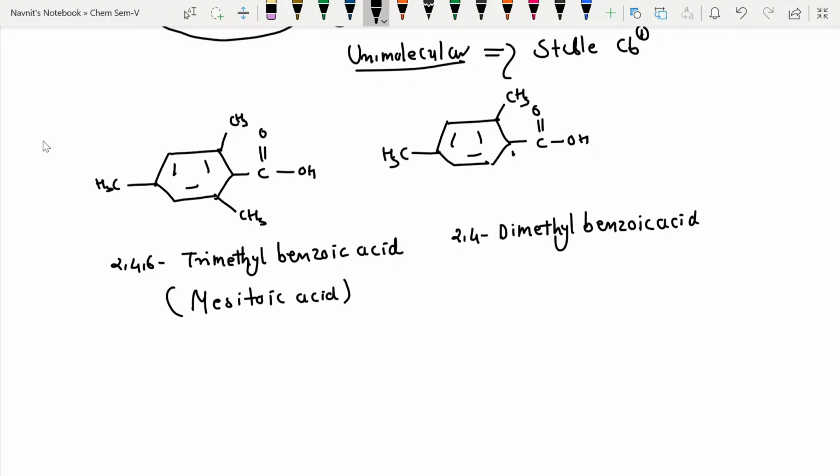Because both these acids are sterically hindered and are able to form a stable carbocation. Even if we have trialkyl acetic acid, this molecule is also able to form a stable carbocation. This is known as trialkyl acetic acid.